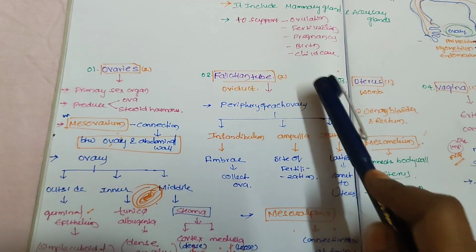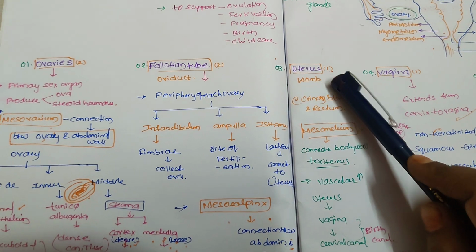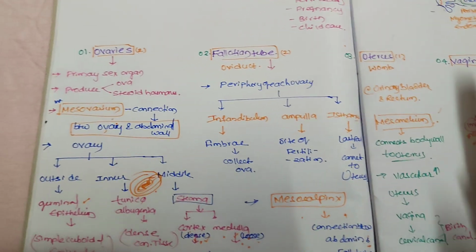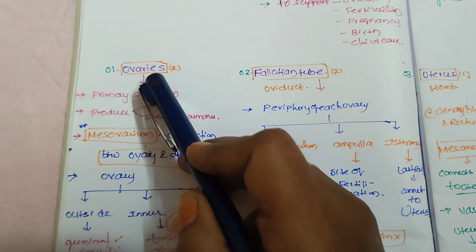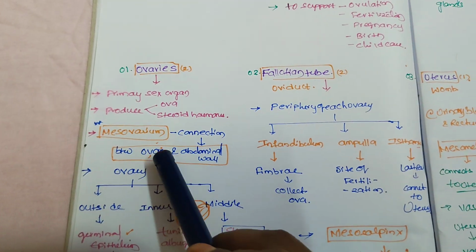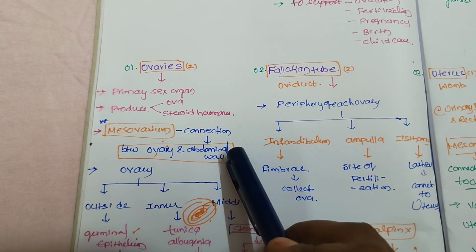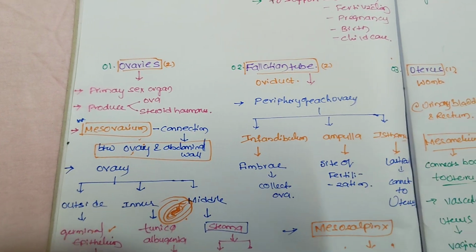The fallopian tube is attached to the abdominal wall with mesosalpinx. The uterus with mesometrium. So it is very easy to remember. Ovaries, so mesovarium. So it is easy. So mesovarium is the connection of the ovary to the abdominal wall.